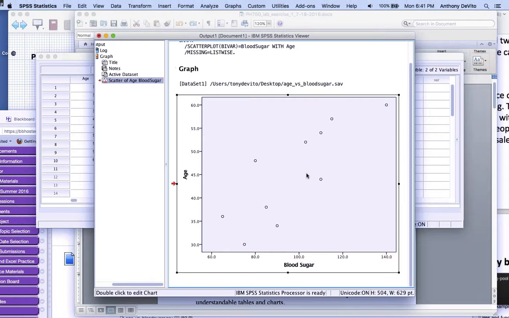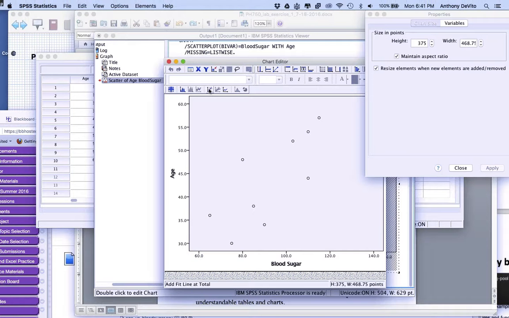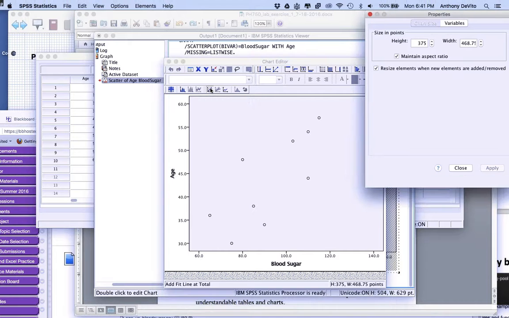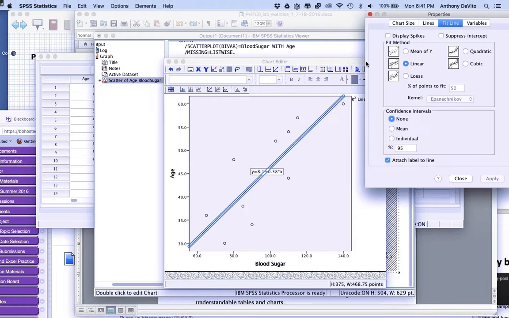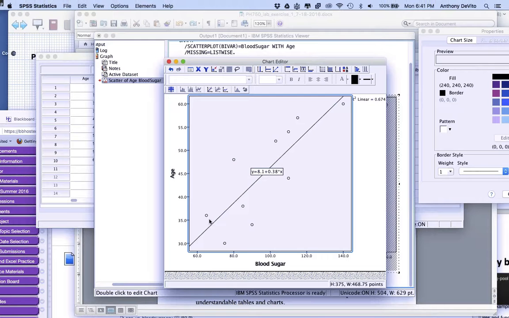In fact, SPSS will, even at this point, draw a line for us. I'm going to add a fit line right here, and it will draw that line for us. And there's that line, and that line is drawn in a way that all of the differences squared between all of these values evens out.